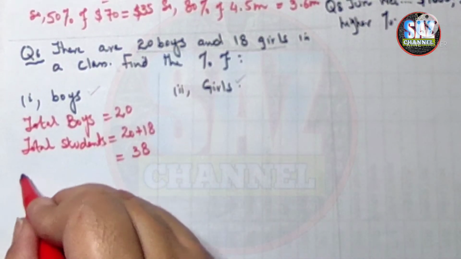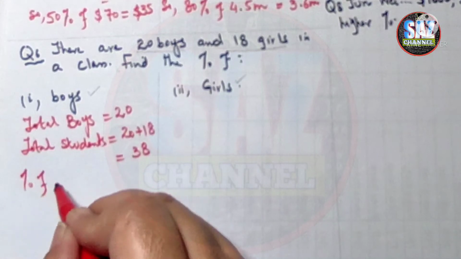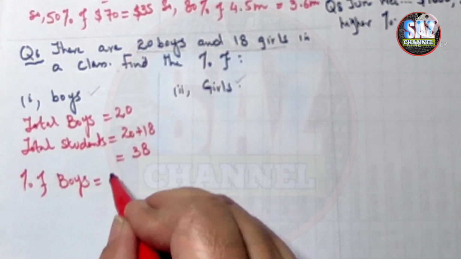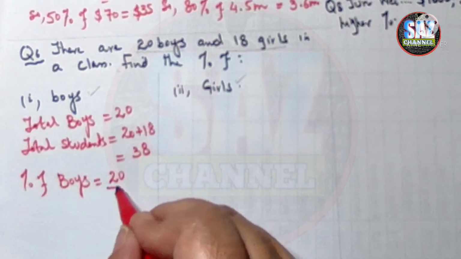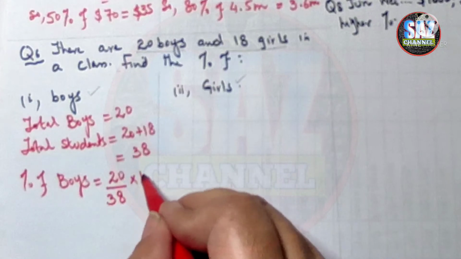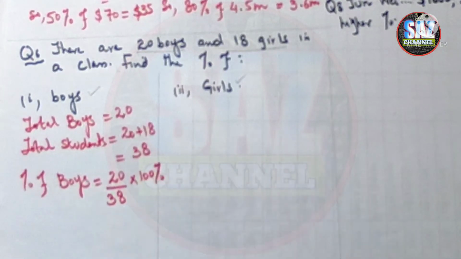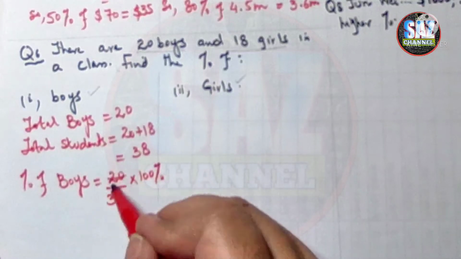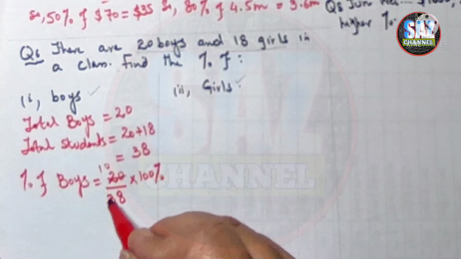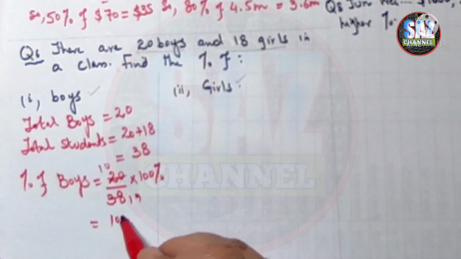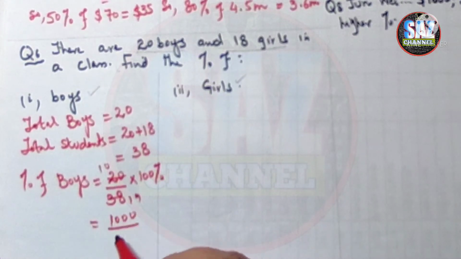And percentage of boys will be equal to 20 by 38 multiplied by 100%. Now what we can do is that 2 10s are and 2 19s are. This will become 1000 divided by 19%.